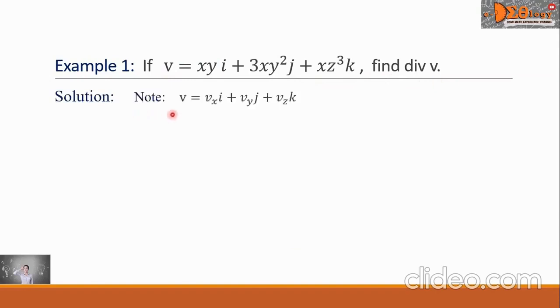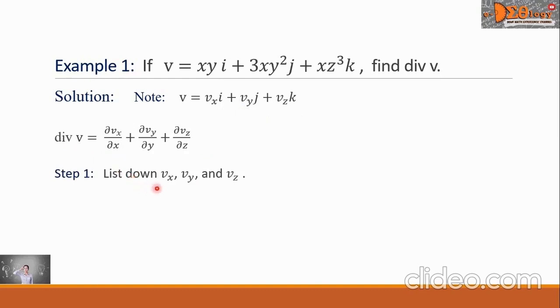Take note that this is the form of the vector field, v equals v sub x i plus v sub y j plus v sub z k. This is our formula for divergence of v. Step 1. List down v sub x, v sub y, and v sub z.